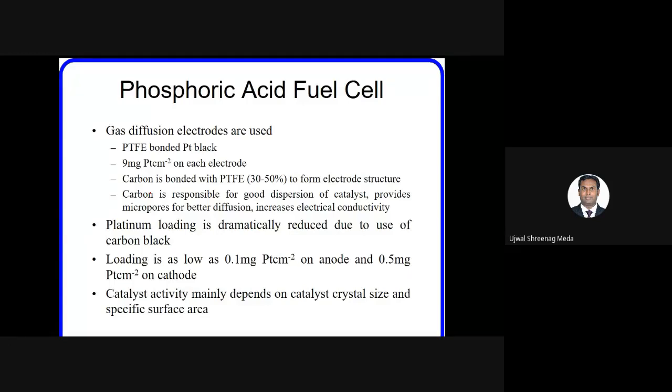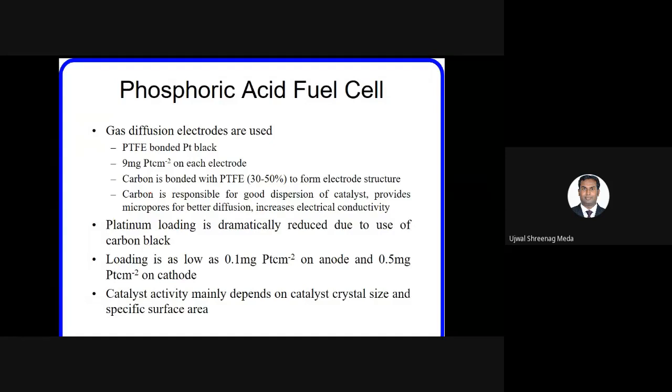And coming to the fabrication, PTFE is utilized, and the platinum powder and the carbon powder both are considered, and using the binder you will cast that into the required shape.